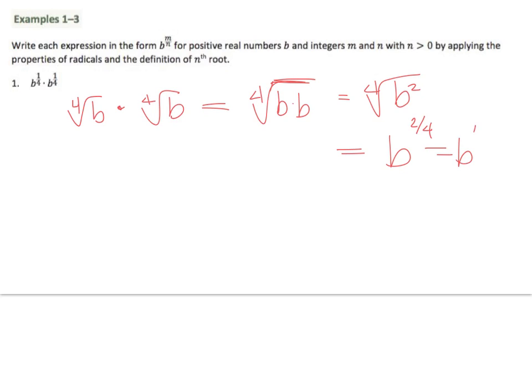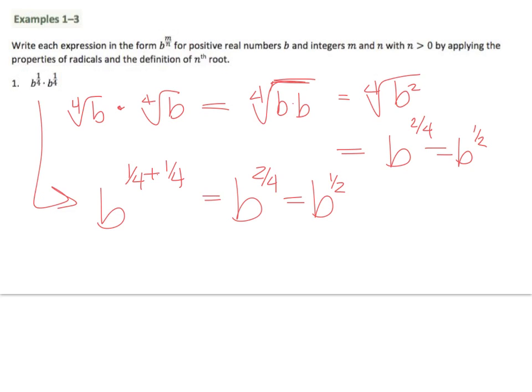Or 1/2, right? If I go straight to our addition, it's really 1/4 plus 1/4 equals b to the 2/4, which is b to the 1/2. Okay?